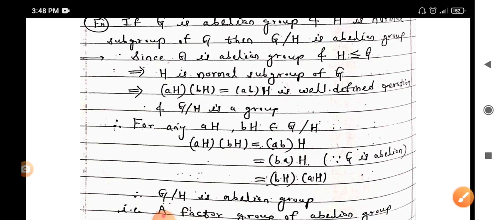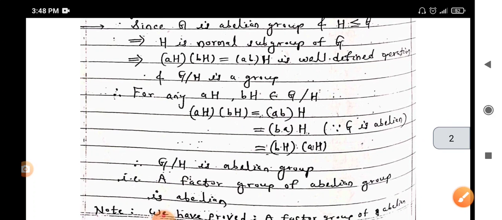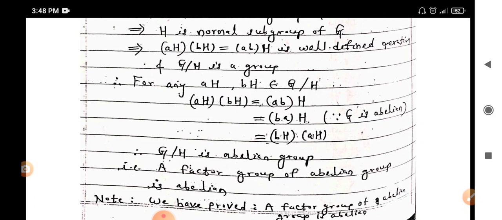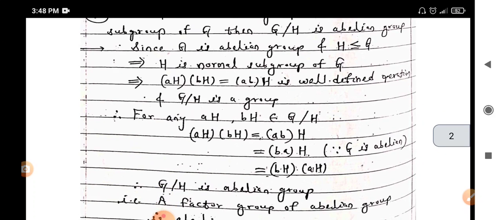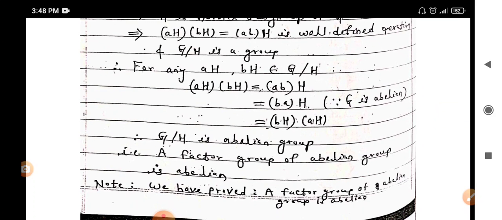Hence the factor group G by H is an abelian group, and we have proved the result. That is, if G is an abelian group and H is a normal subgroup, then its factor group G by H is abelian. Hence in this section we proved that a factor group of an abelian group is abelian. It is an important property of factor groups.